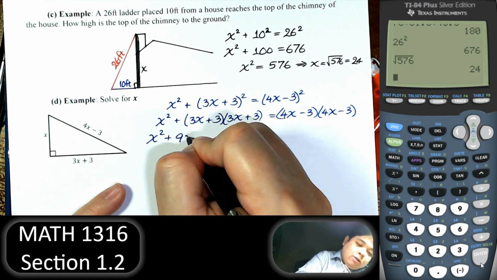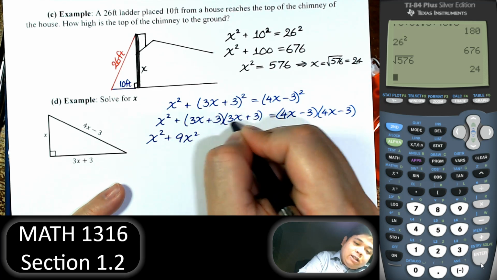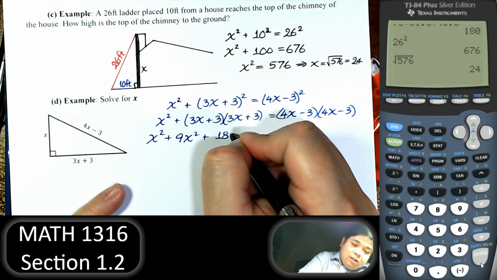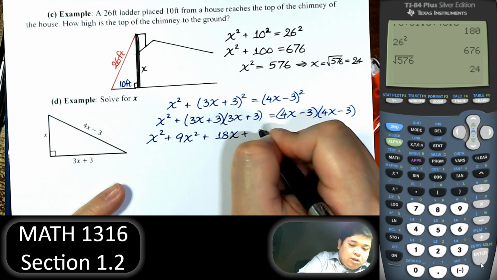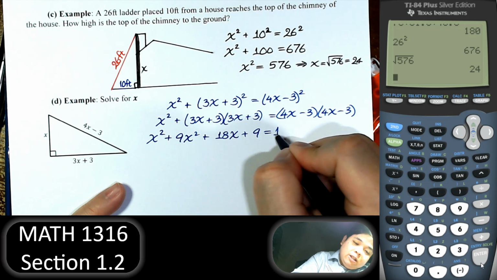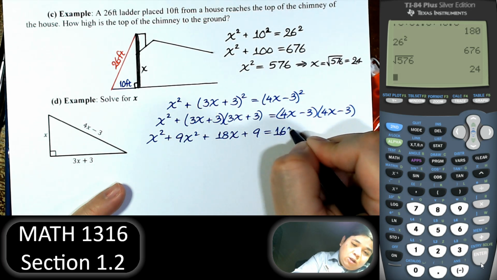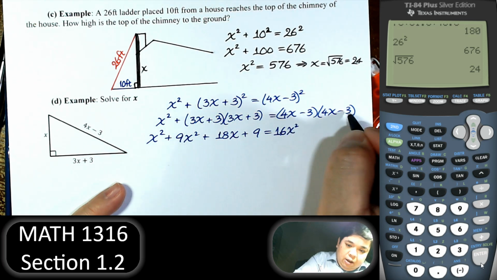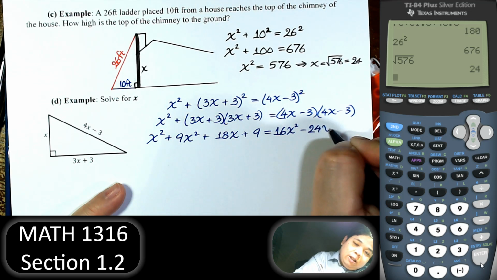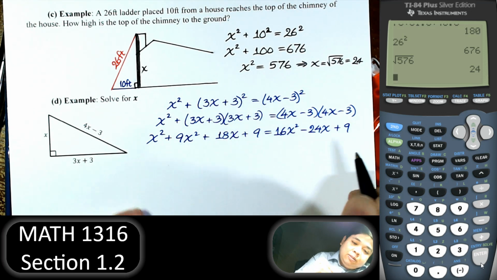That gives us 9x squared, 9x, and another 9x, so that's 18x plus 9. Right, 4 times 4, 16x squared minus 12x minus 12x minus 24x plus 9.